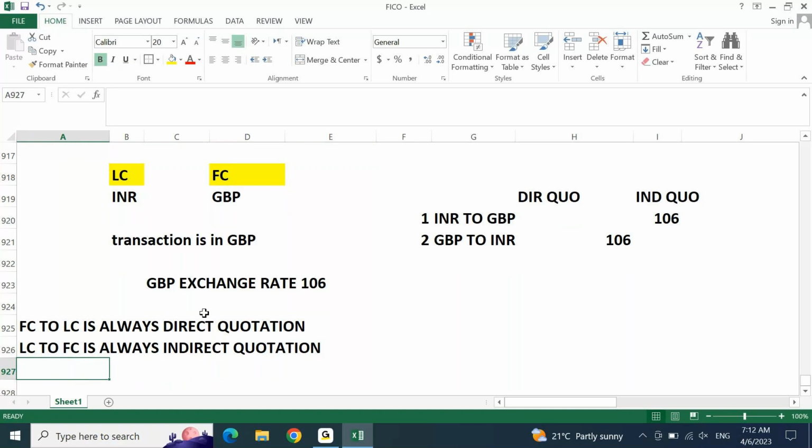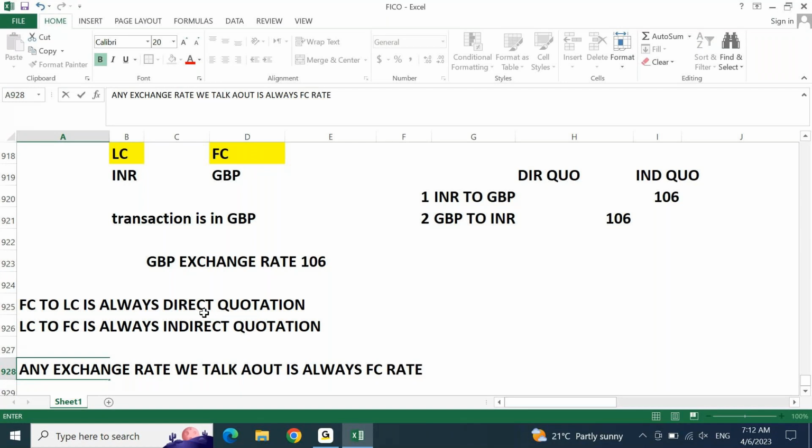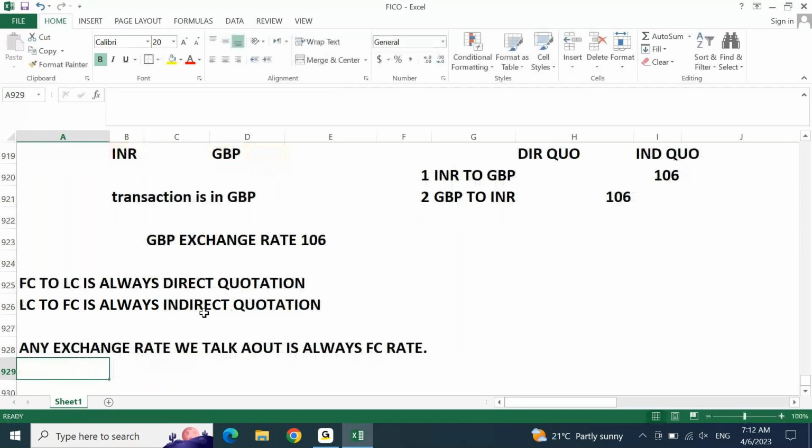Any exchange rate we talk about is always the FC rate, the foreign currency rate.